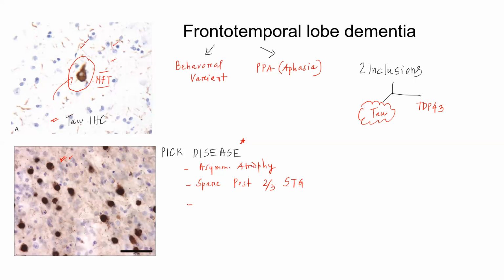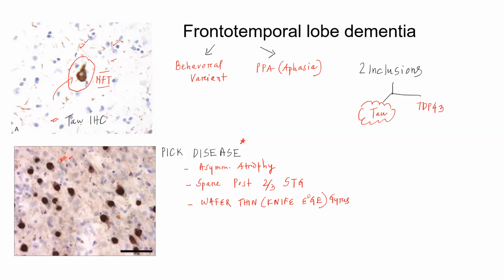The next point is there will be severe atrophy of the gyrus, and this is known as wafer thin or knife edge gyrus. That means there will be severe atrophy of the gyrus.